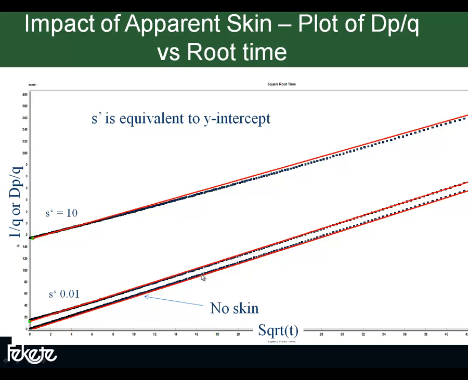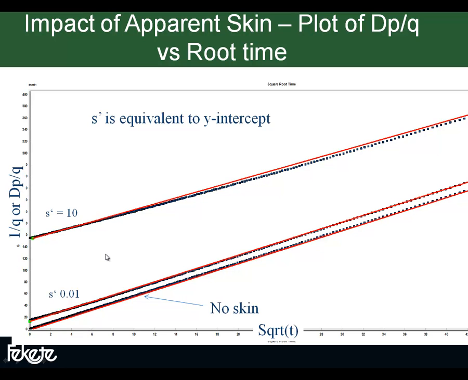So if there's no skin, then this line will go through the origin. If there is an apparent skin there, then this straight line will not go through the origin. It'll have a positive y-intercept. And the value of that positive y-intercept is proportional to how much apparent skin damage there is.